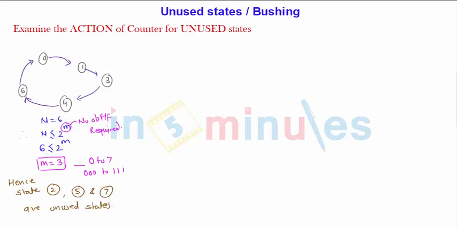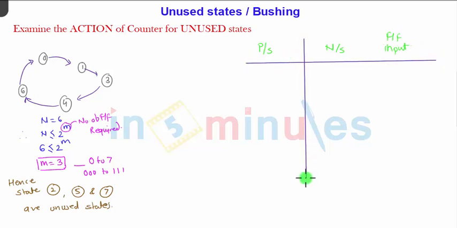Proceeding to that, let us build up the truth table, which will consist of the present states, corresponding next states and the flip-flop inputs. To design this counter, I am going to use T flip-flops. So there will be 3 flip-flops, TC, TB and TA.